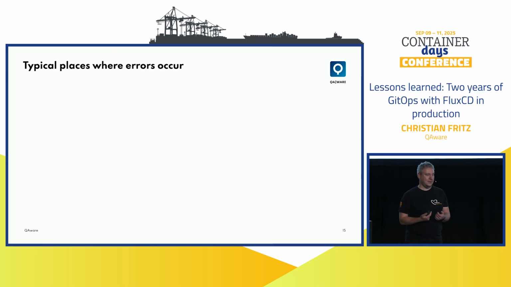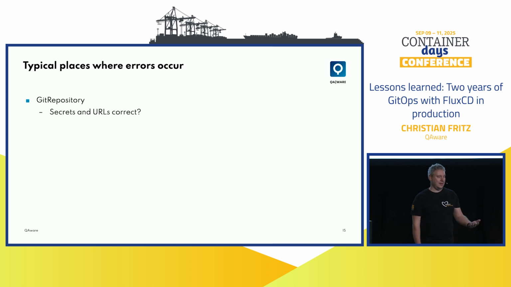So, typical places where errors can occur, we have some errors already seen in the diagram before. So the Git repository cannot be pulled. Secrets, and is the repository URL correct? Of course, but it happened.